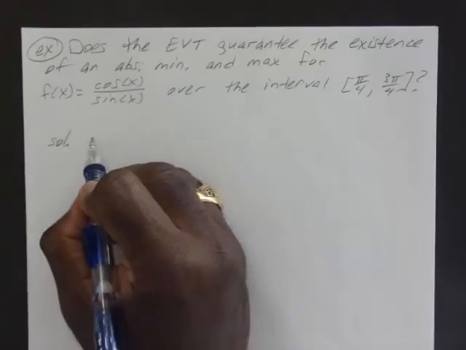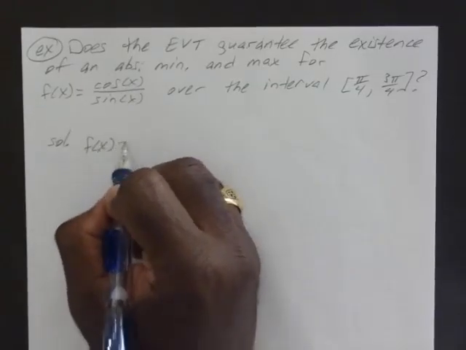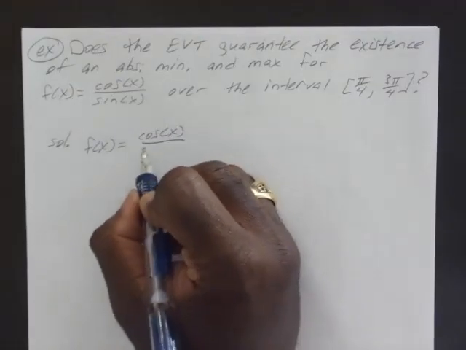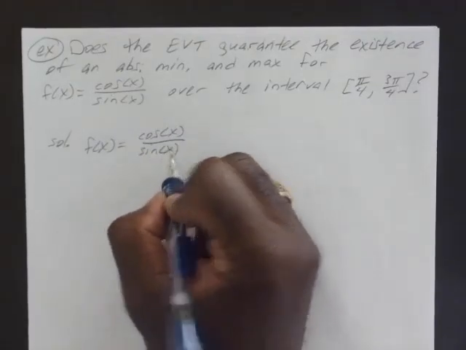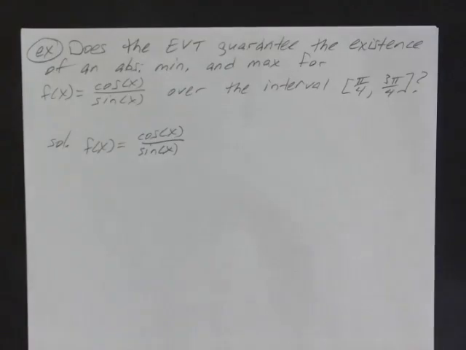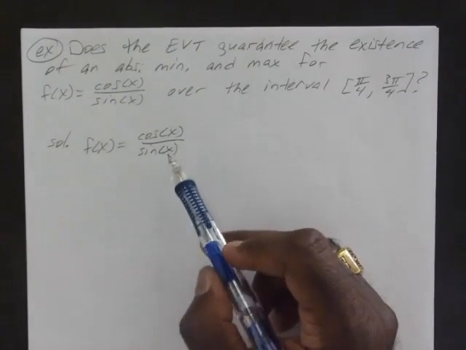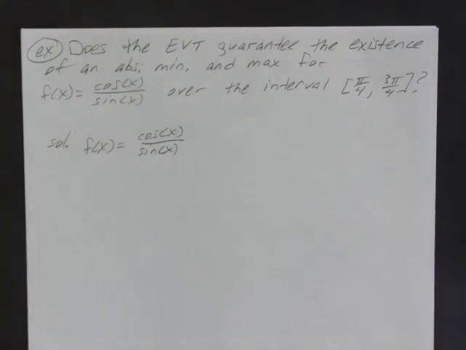Okay, so let's look at our function f of x equals cosine of x divided by sine of x. Okay, so even though cosine and sine are both continuous, continuity is not guaranteed when you have the division of two continuous functions.